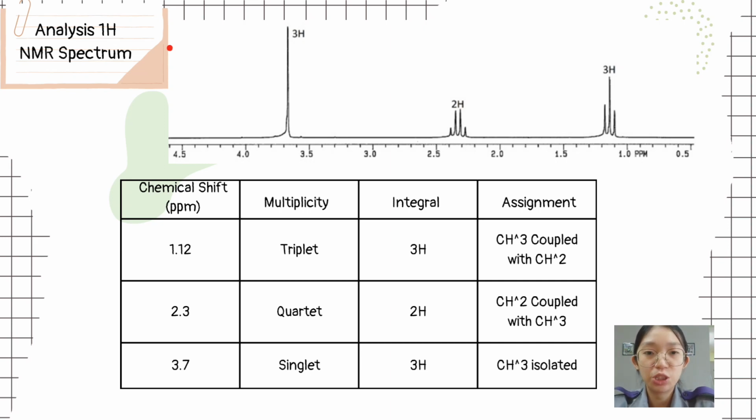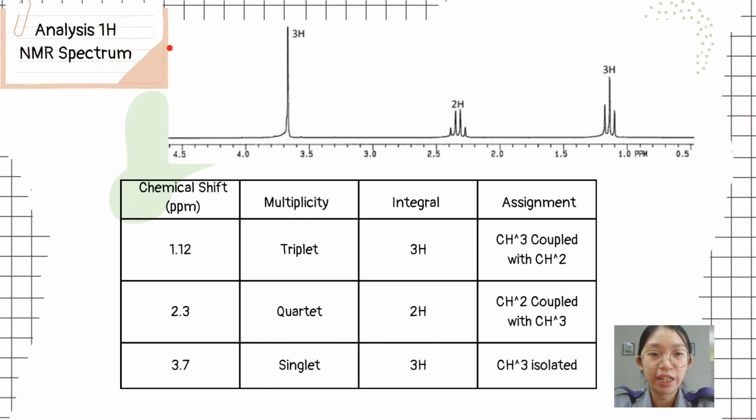So CH2 on its own coupled with CH3. So from the first and second peak or signal, we know that they are attached to each other, they are neighbors.